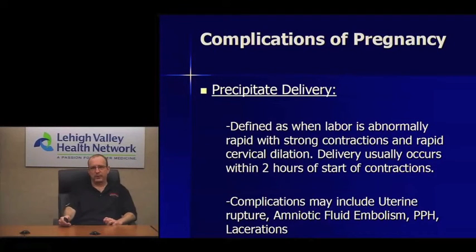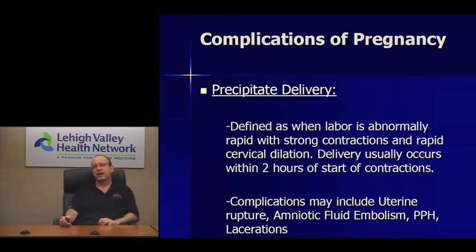A precipitous delivery is a delivery that's normally rapid with strong contractions and rapid cervical dilation. And usually occurs, pretty much what the definition is, if the delivery happens within 2 hours of the start of contractions.